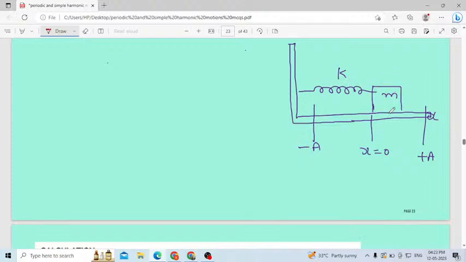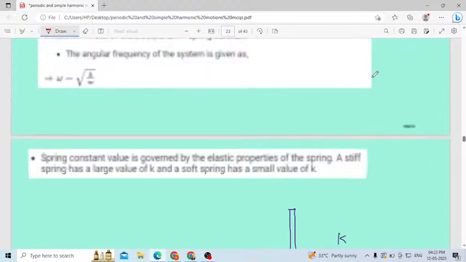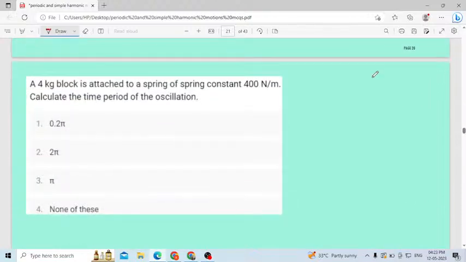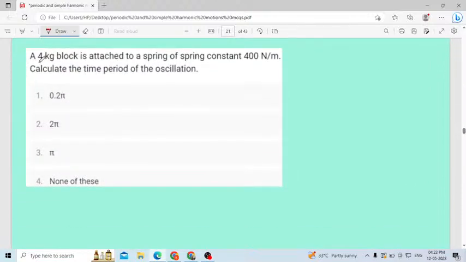This is the mass of the box, a wooden box. Once again I will read the question. A 4 kg block, what is the mass of that block? The mass is 4 kg, attached to a spring of spring constant k, that is 400 N/m. Calculate the time period of the oscillation.